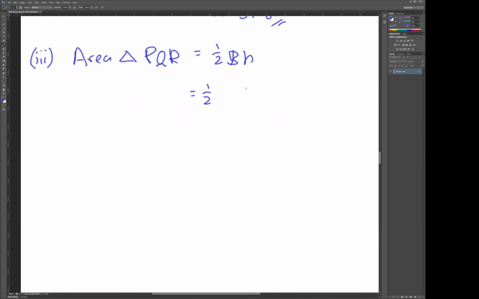So what is the base? 110. The height is 90 sine 22.